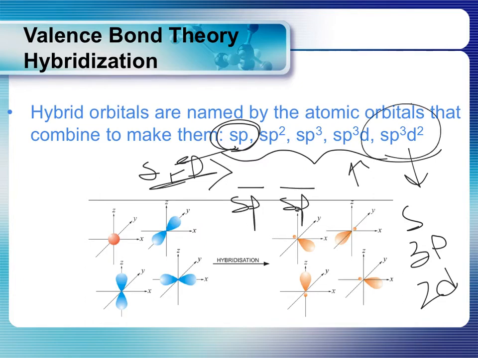Similarly, if you see sp3d2 hybrids, 1 plus 3 is 4 plus 2 more is 6. That means there will be 6 identical sp3d2 orbitals anytime you get that hybridization.